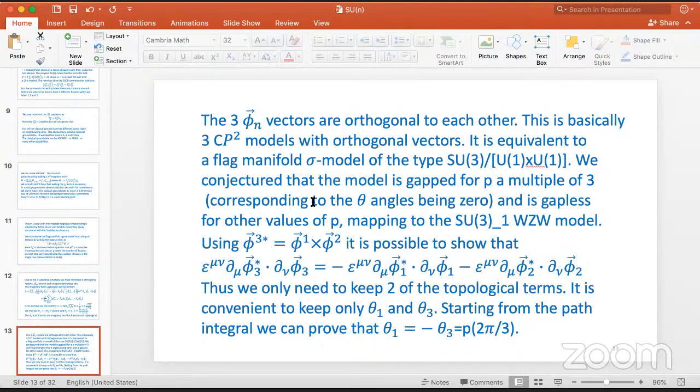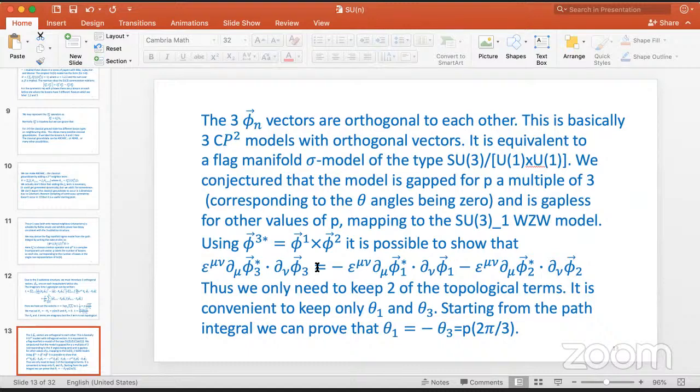By the way, we can see that the third topological angle can be made 0 because phi 3 star can be written as phi 1 cross phi 2. And it's possible to show that the topological term for phi 3 can be written as simply minus the 2 topological terms for phi 1 and phi 2. So that tells us that the sum of the topological terms actually adds up to 0.